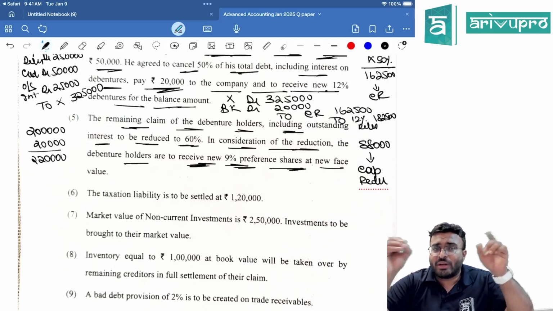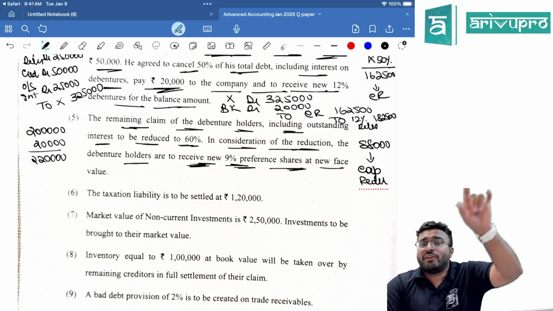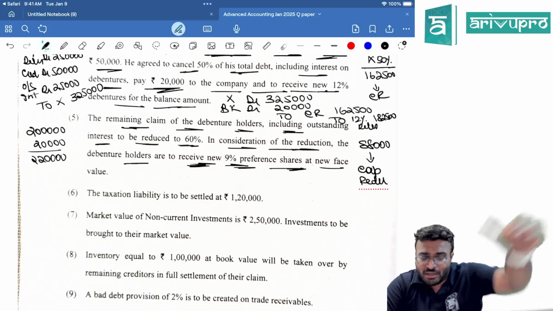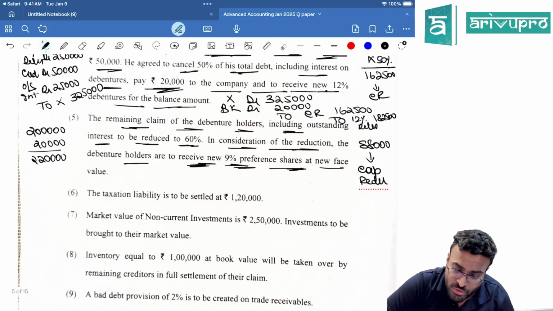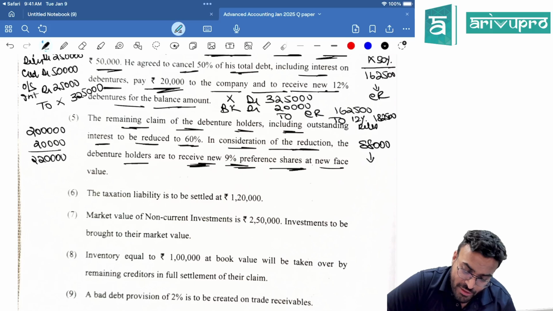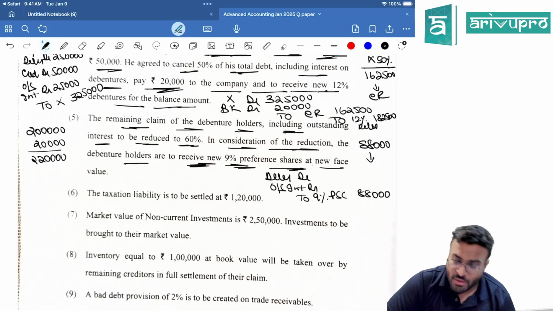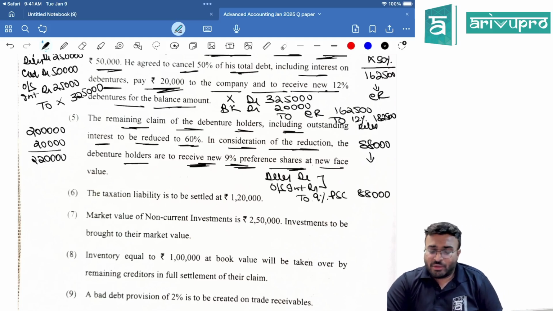Because they agreed to reduce this, we will give them preference shares. We are not going to give them anything extra. 88,000 we are going to reduce, so directly you can pass, instead of capital reduction, debentures debited and outstanding interest debited, directly to 9% preference share capital account 88,000. This will be 88,000 in total.